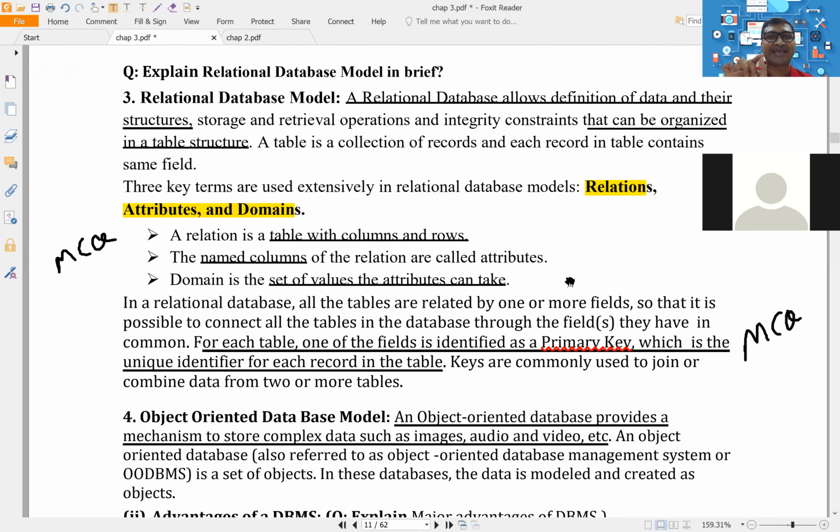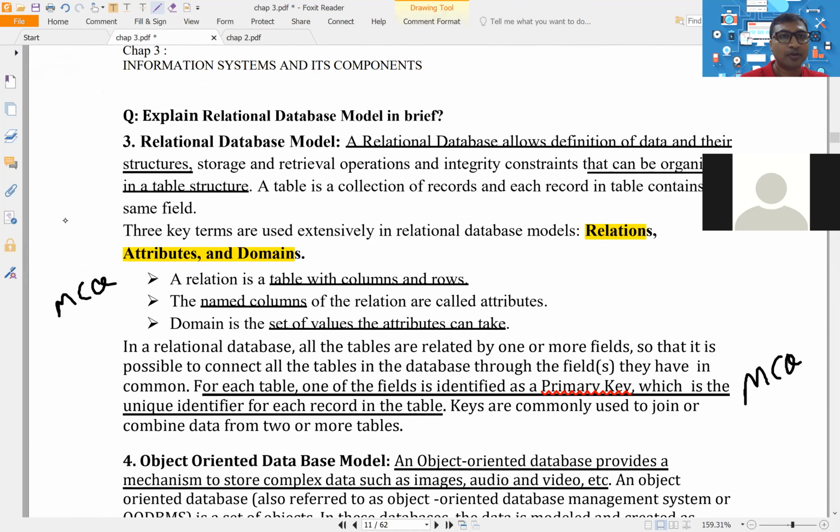What values we can accept in that field is known as the domain. Try to remember such things, guys, because they are going to ask conceptual questions based on this in MCQs. Then I also told you that in every table we require one column which has unique values, which is known as the primary key.